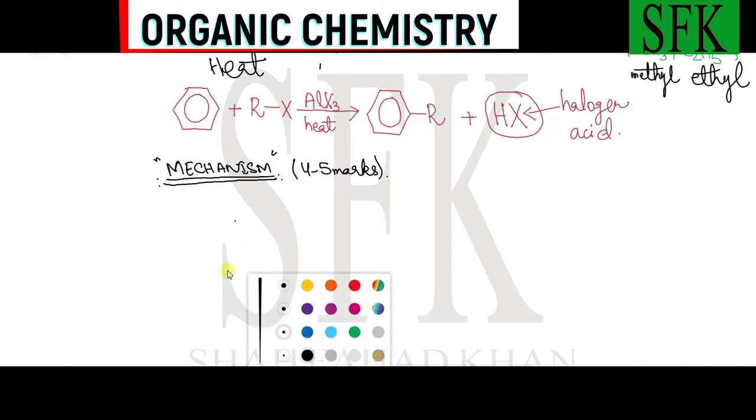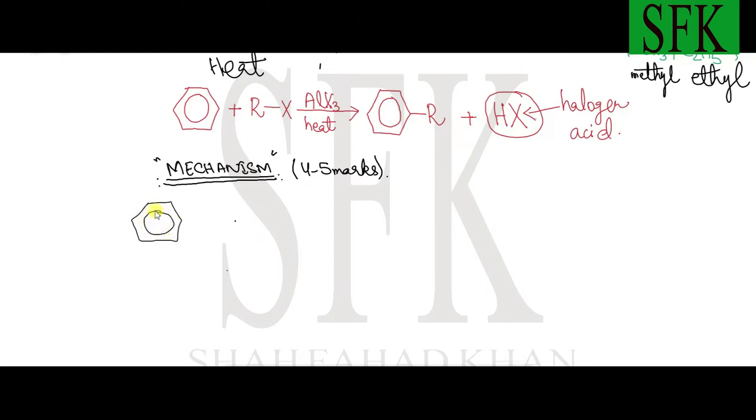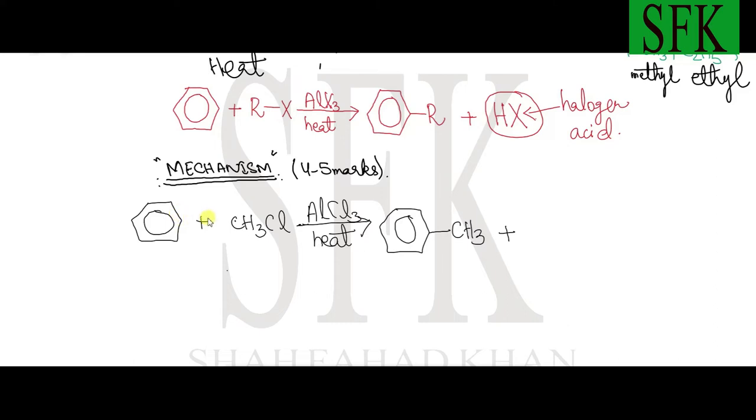So let's take an example now. I have this benzene ring over here, and this reacts with methyl chloride or chloromethane, whichever way you want to pronounce it, in the presence of AlCl3 catalyst and heating. The product that we'll get would be methylbenzene, plus the halogen atom will then combine with the hydrogen atom, forming HCl, the hydrogen halide.